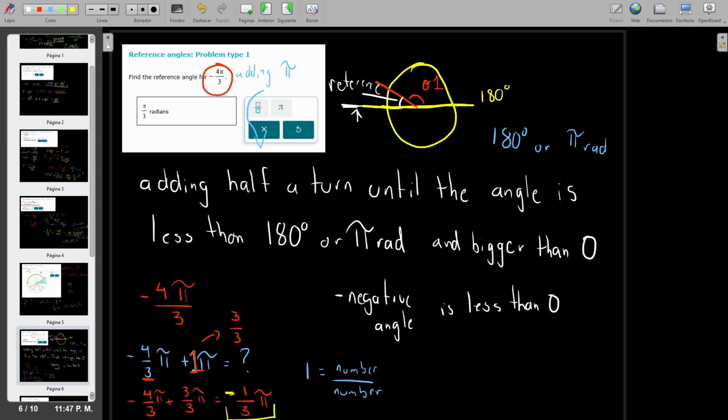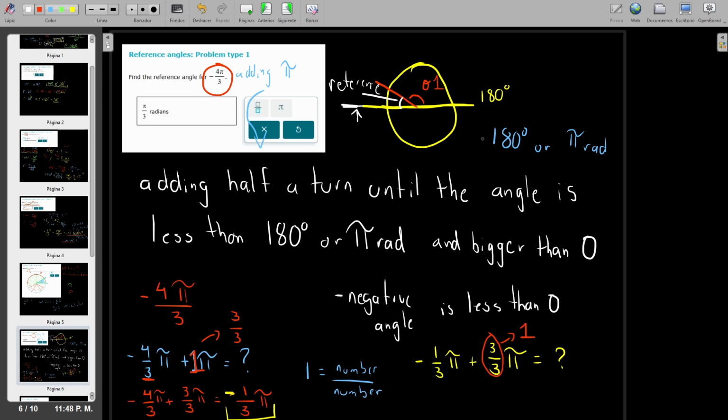So we need to add another pi, another half a turn. Minus 1 over 3 pi, we're going to be adding again 3 over 3 pi. You remember why 3 over 3? Because this whole thing equals 1 pi.